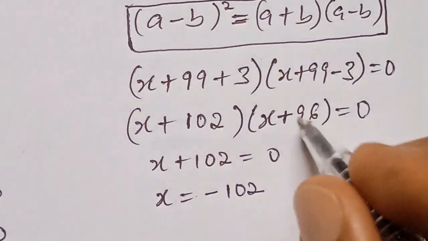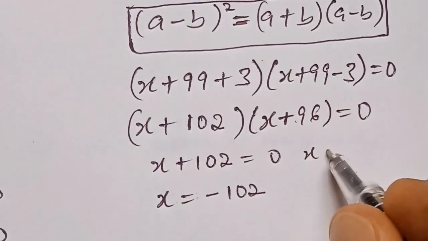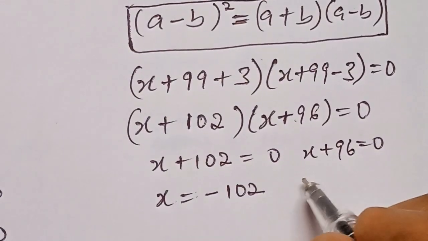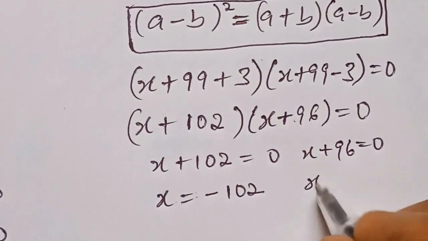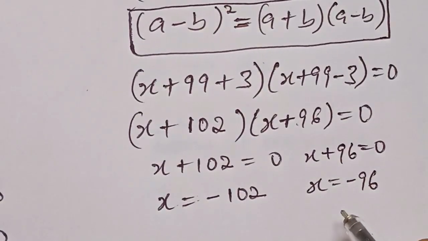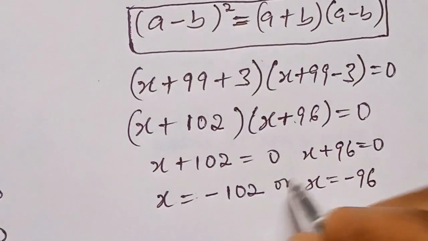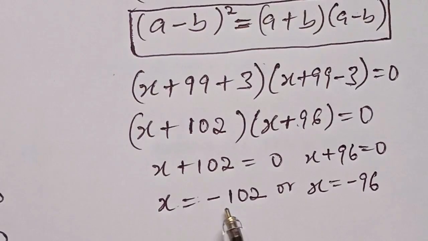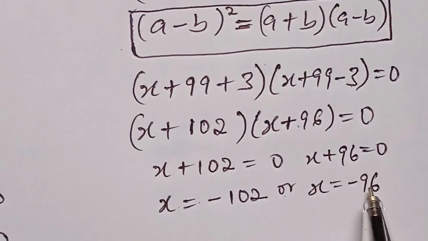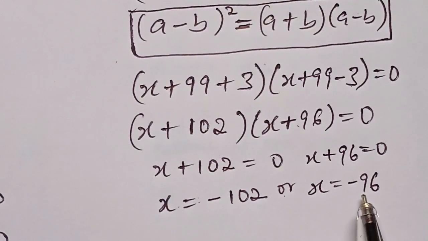For this side, we have x plus 96 equal to 0, which simply means that x equal to minus 96. So x equal to minus 102, or x equal to minus 96.